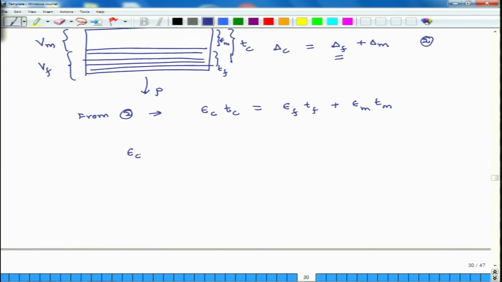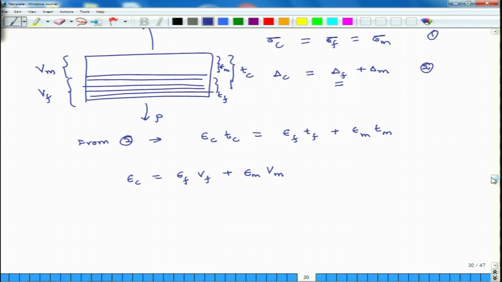So, I get epsilon C is equal to epsilon F times Tf over Tc, which is the volume fraction of fiber, Vf, plus epsilon m times Tm over Tc, which is volume fraction of matrix. Now, what is epsilon C?